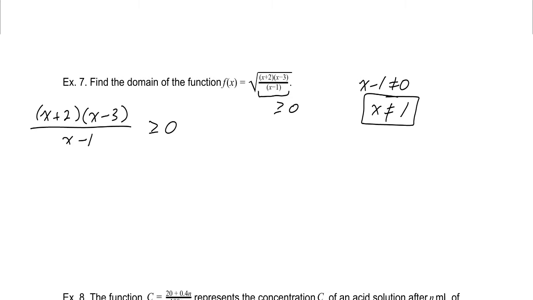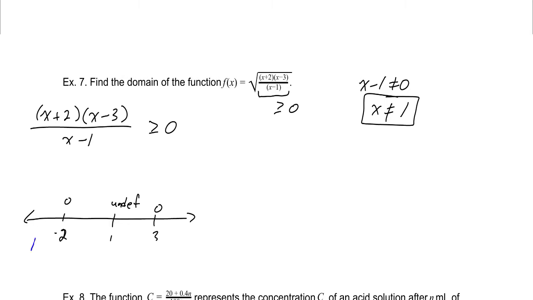So what is going on here? This is the way I'm going to do this. We know that strange things happen at 1, negative 2, and 3. At 1, it is undefined. At 3, the function is 0, and at negative 2, the function is also 0. So I want to test some values.